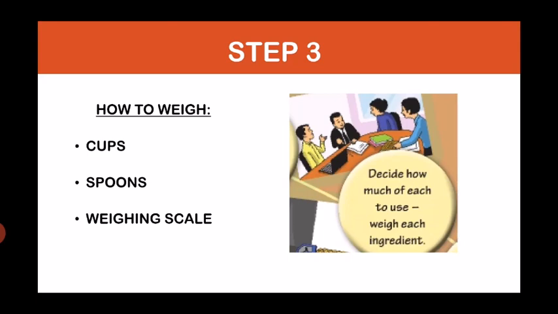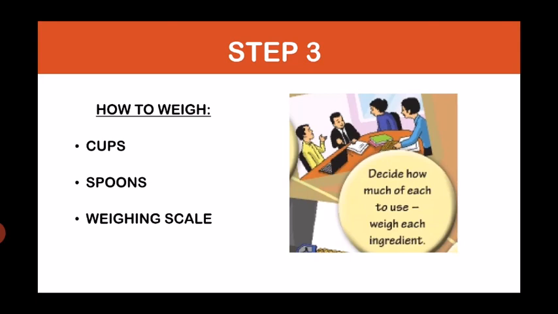Like for example in nimbu pani, how much water did you take? 1 cup of water. So 1 cup is your measure. Sometimes we use spoons. How many spoons of sugar did you add in your nimbu pani? 1 spoon of sugar. So here in this case, we measured using a spoon.